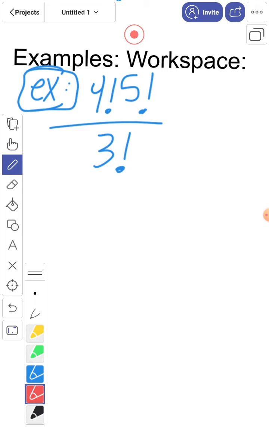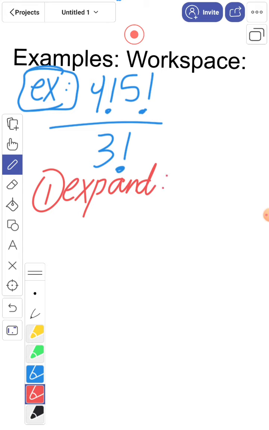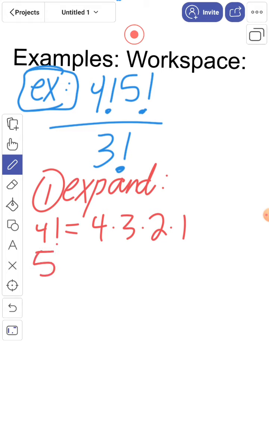Okay, so first, let's expand. So let's stretch out what this problem is actually asking us. So 4 factorial is equal to 4 times 3 times 2 times 1, right? And 5 factorial is equal to 5 times 4 times 3 times 2 times 1.